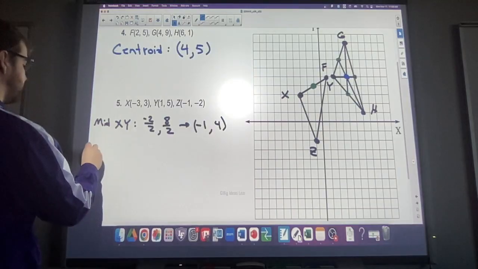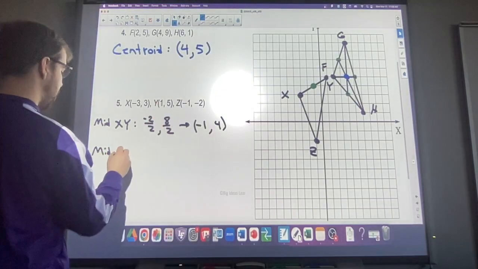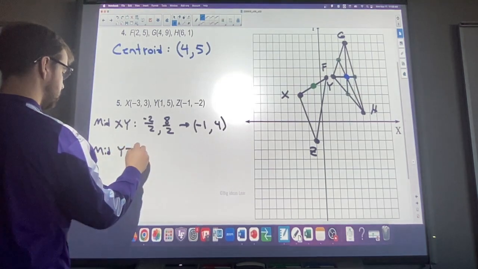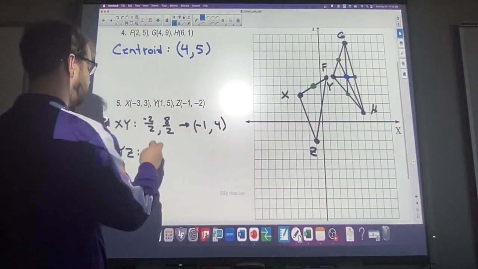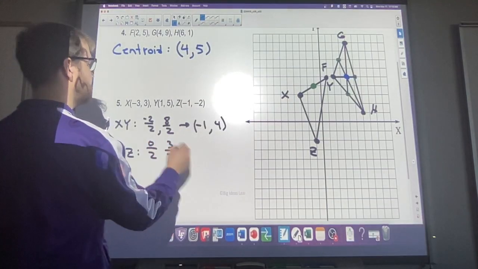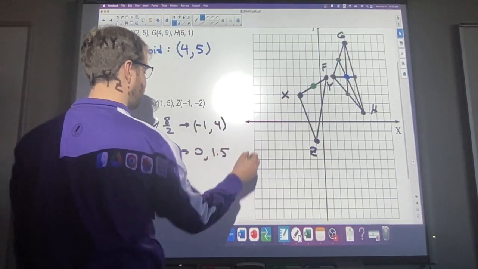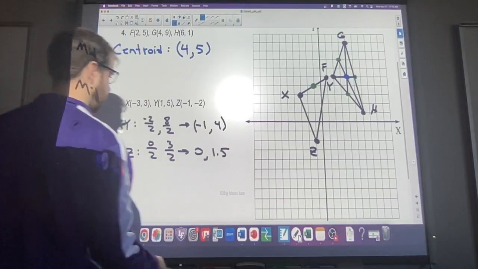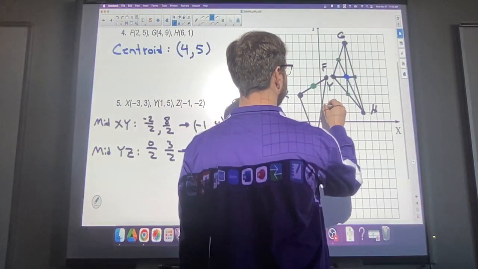Let's do the midpoint of YZ. Negative 1, 1 is 0, so 0 over 2, 3 over 2, so I get 0 and 1.5. I'll plot that, 0, 1.5, right there.